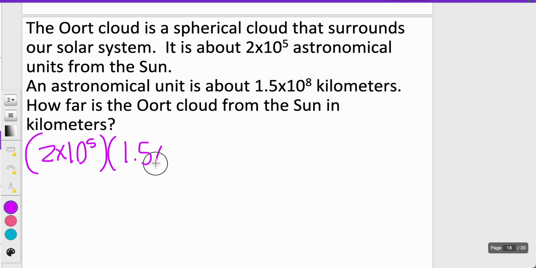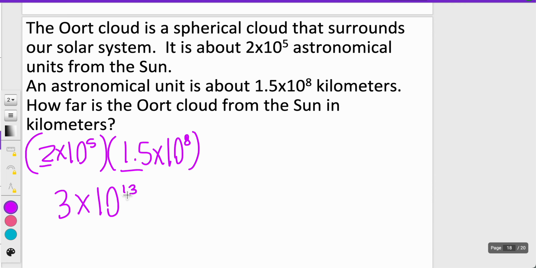We're going to end up multiplying these two items. First thing we need to do is multiply our two numbers. 2 times 1.5 is 3, and then we would add our exponents to get 10 to the 13th power.